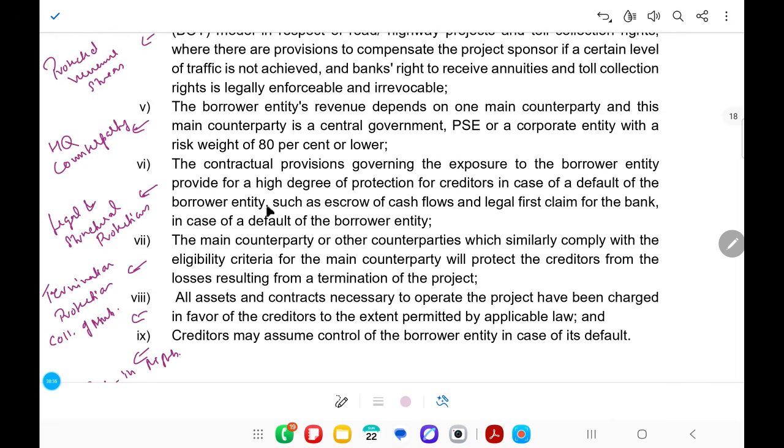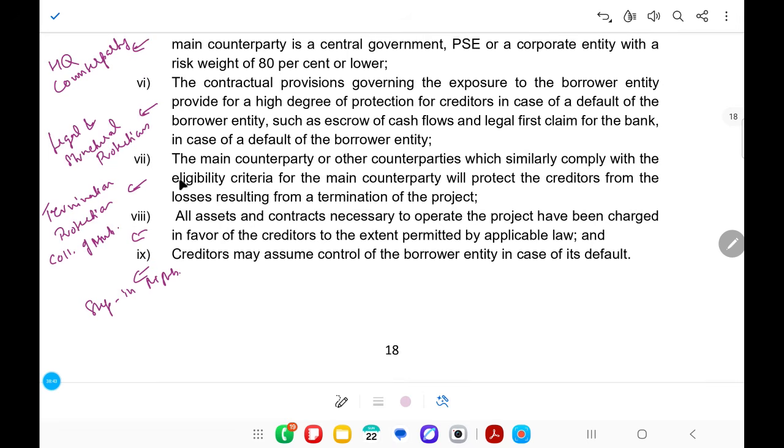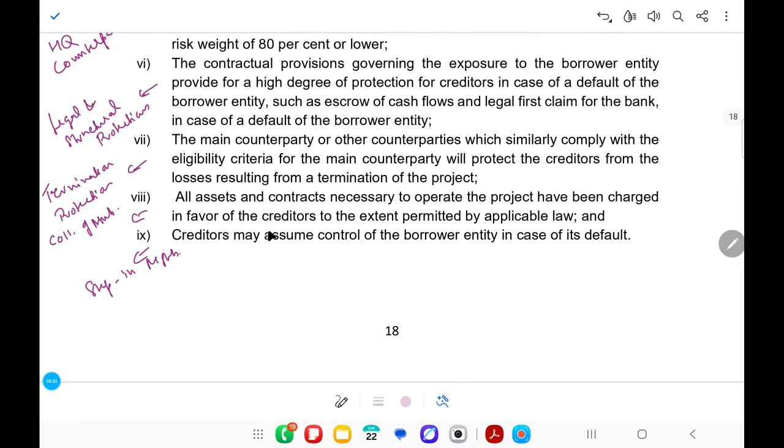Sixth one is about the legal and structural protection in case of the borrower's entity defaulting. Okay, and the seventh condition is there should be a termination protection where the main counterparty will protect the creditors from the losses resulting from the termination of the project. Okay, and the next one is that all assets and contracts should be collateralized and charged in favor of the creditors.